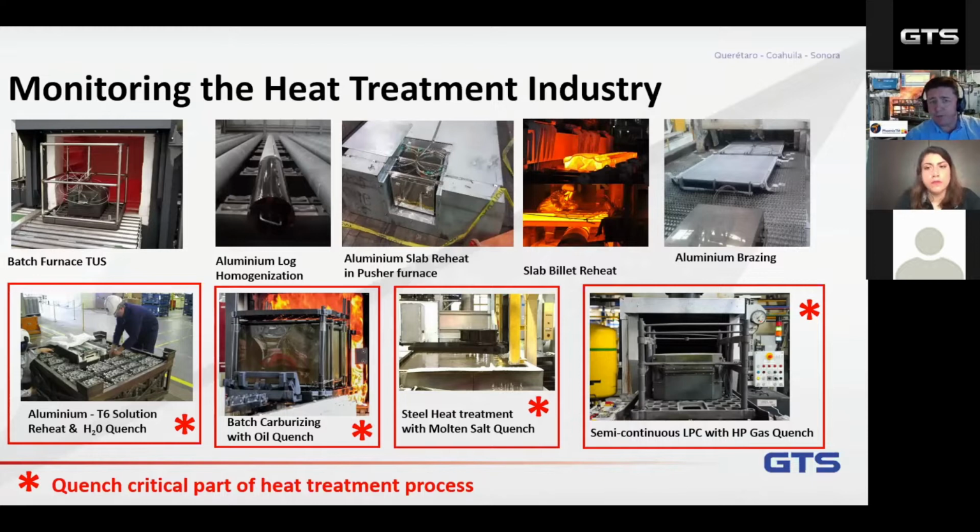And each one of those applications is going to use a different quench technique or a quench media to achieve that cooling step. So it shows you how often quenching is part of the heat treatment process and therefore how critical it can be.